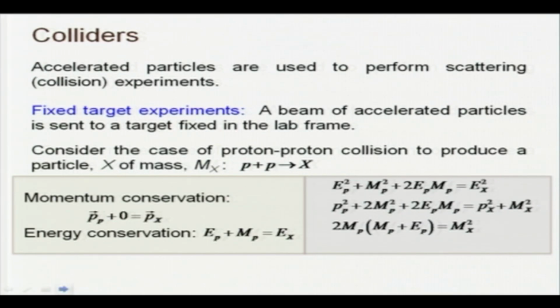Similarly, the energy equivalent of the momentum is p times c, so I should be adding c square along with Px square and c to the power 4 along with m square. But once we know how to take care of this, we can say that for the time being we will set c equal to 1 and not worry about that factor of c; we will put that back at the end.